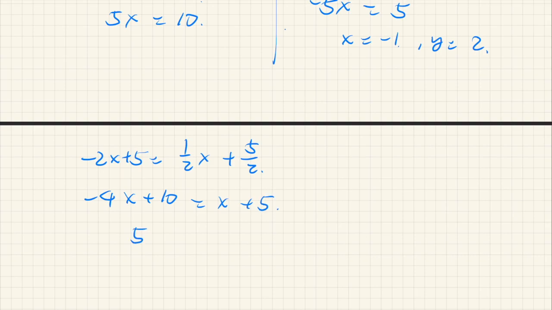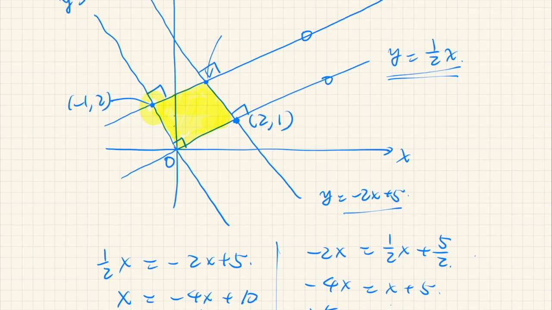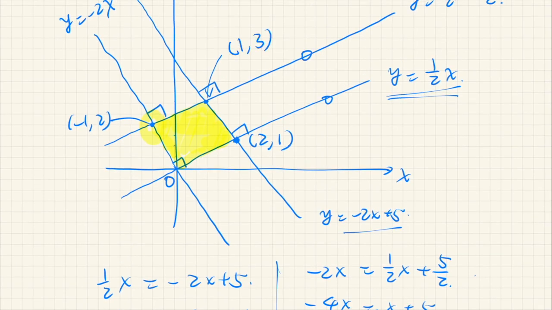So that's 5 and 5x. So x is 1 and y is negative 2 times 1 plus 5, that's 3. So that should be 1 and 3.